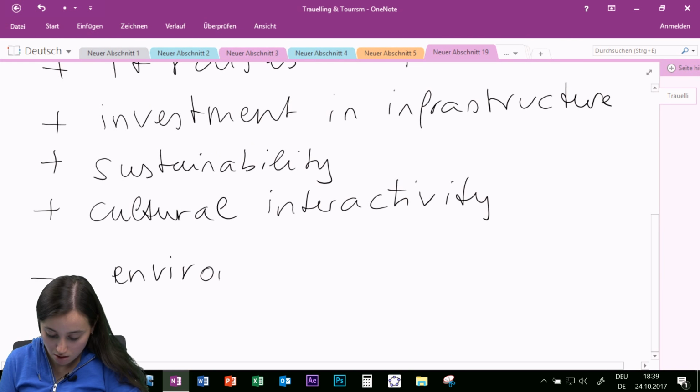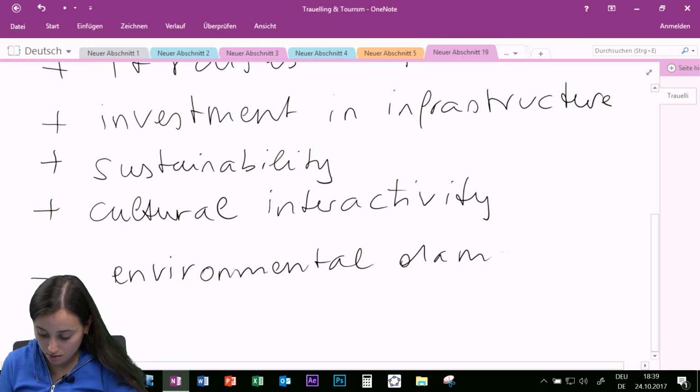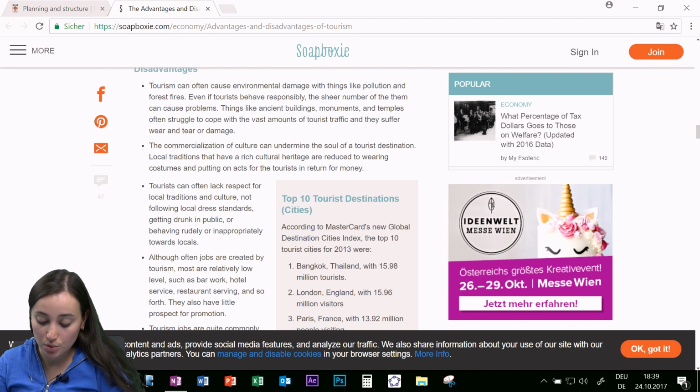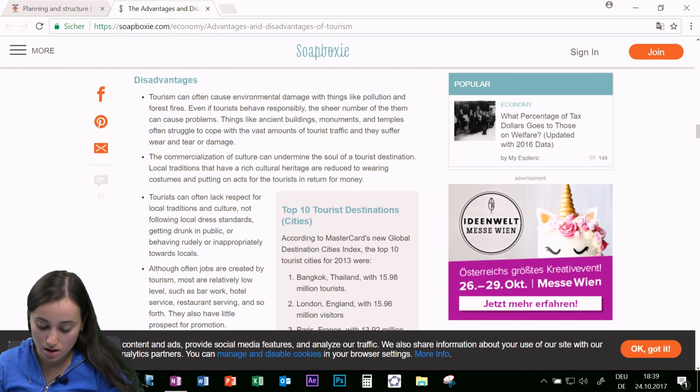Environmental damage. So, tourism can often cause environmental damage with things like pollution and forest fires. The commercialization of culture can undermine the soul of a tourist destination.